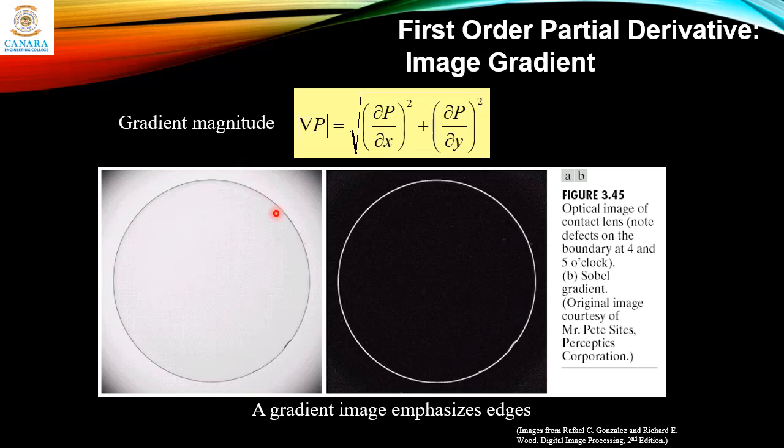But if you apply this gradient magnitude Sobel operator, you get this image and you can see a defect in this place. This is the reason why it is used in industrial inspection. So a gradient image emphasizes the edges.